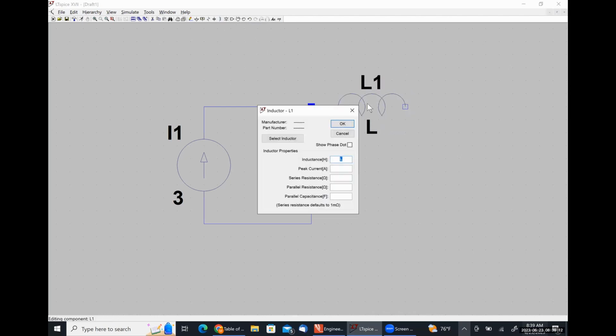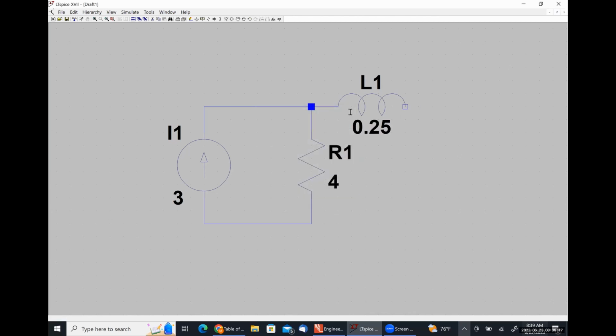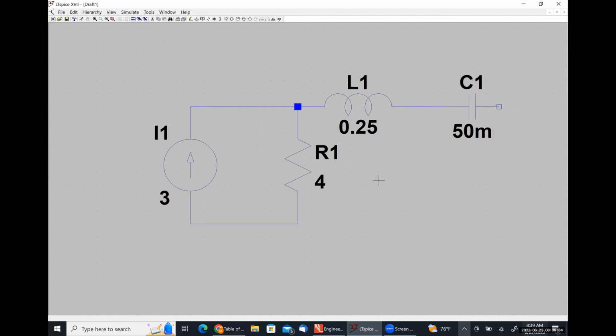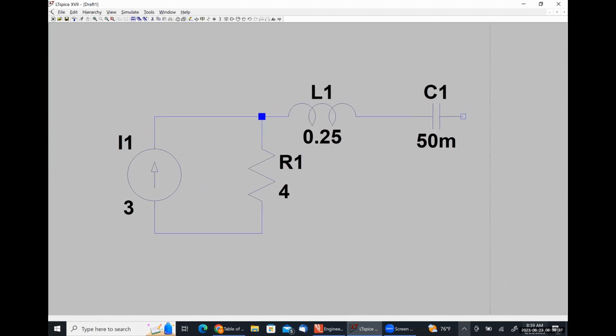So 1/4 is the same as 0.25. My capacitor is going to go here. We made this 50 millifarads so that it wouldn't be a critically damped circuit again. Then I put my 1 ohm resistor over here.